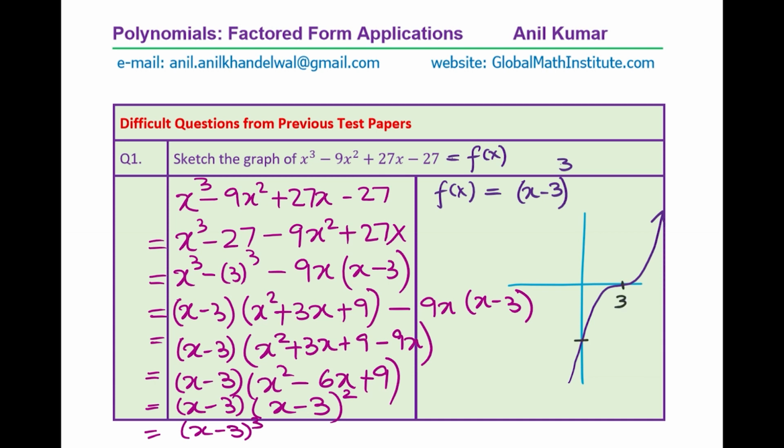And the y-intercept will be at minus 27, since f of 0 is minus 3 cubed, which is minus 27. You can plug in 0 here. You're going to say f of x is equal to this, and so when you put 0, you get minus 27. So that becomes the graph for the given function, correct?